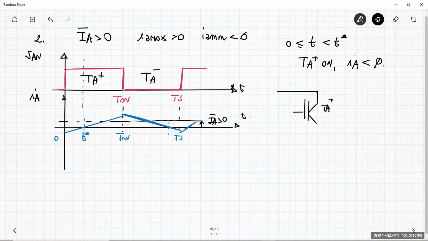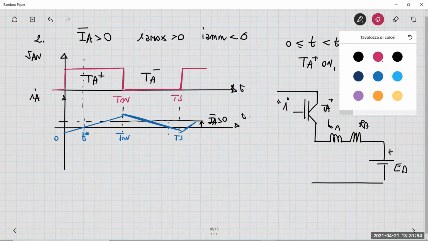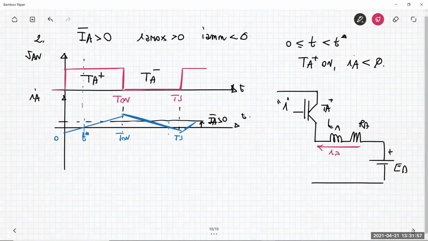TA plus is on, so the current flows through RA and A in this direction, and the transistor here is on.